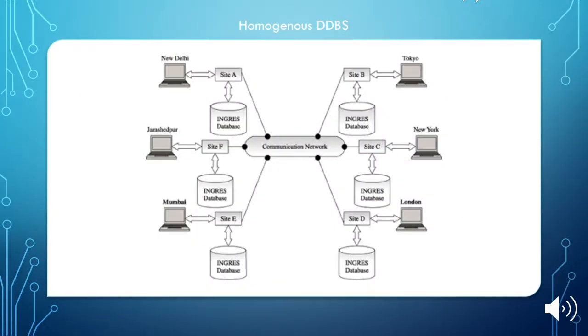In a homogeneous distributed database system, all the physical locations have the same underlying hardware and run the same operating system and database application. In a heterogeneous distributed system, each site is a database system site in its own right and has its own local users, its own local database management system, and its own local data communication manager.